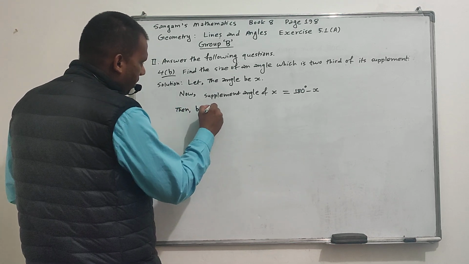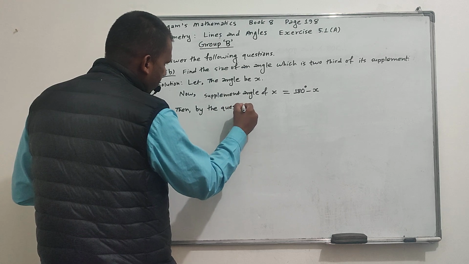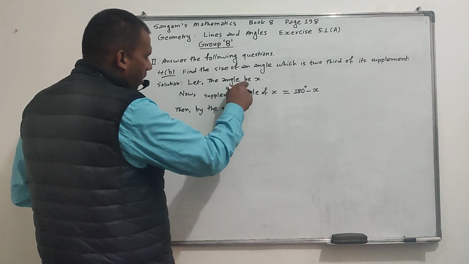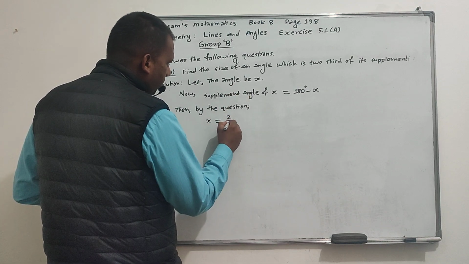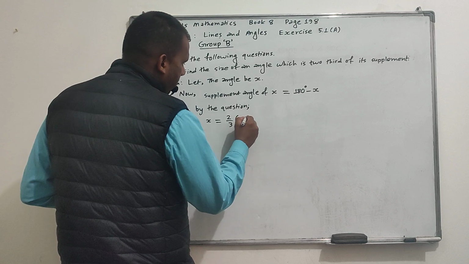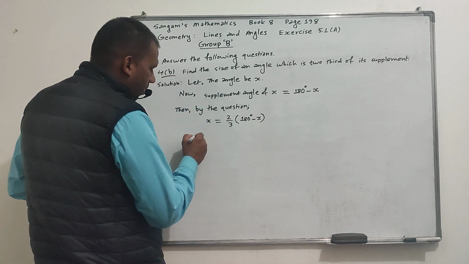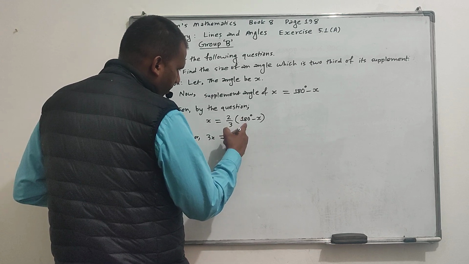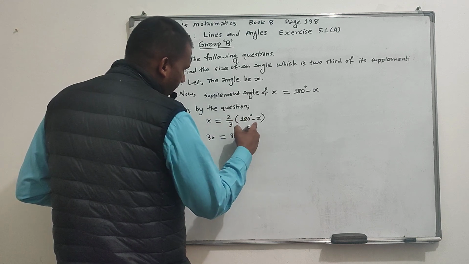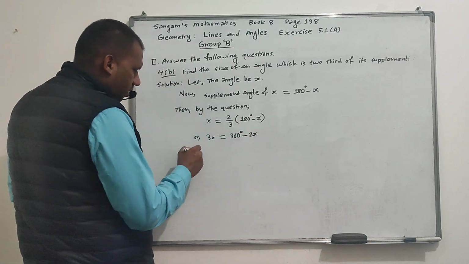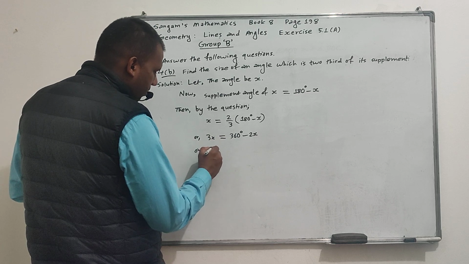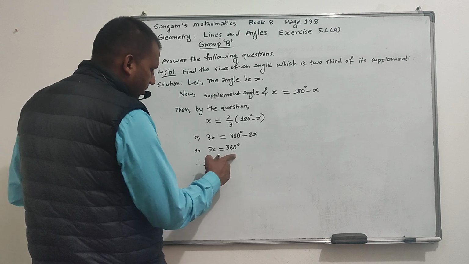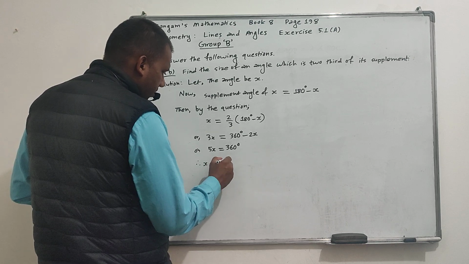Then by the equation, the angle is 2/3 of its supplement angle. So the angle x equal to 2/3 of the supplement angle 180 minus x, or 3 into x, cross multiplication, 3x equal to 2 times 180, 360, 2 times x minus 2x, or 3x plus 2x, 5x equal to 360 degrees. Therefore x equal to 360 divided by 5, 72 degrees.